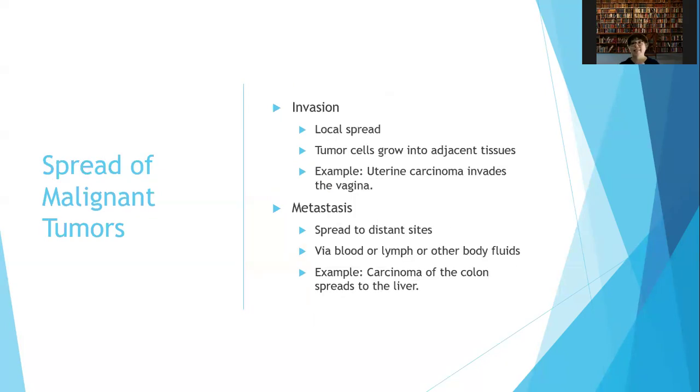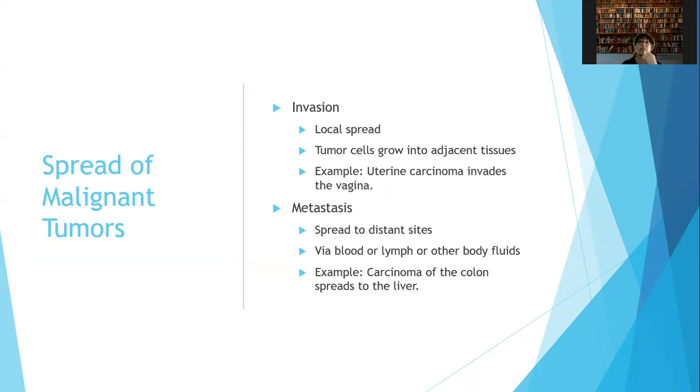They also can spread. So they can spread by invasion, where it's local spread, they invade the local area. The tumor cells grow into adjacent tissues. So the example that's given in the book is uterine carcinoma invading the vagina, or breast cancer cells invading nearby lymph nodes.